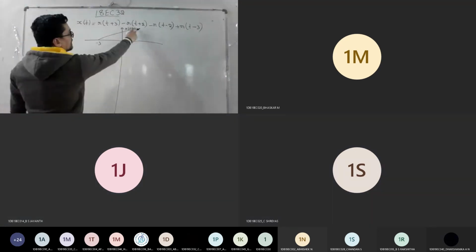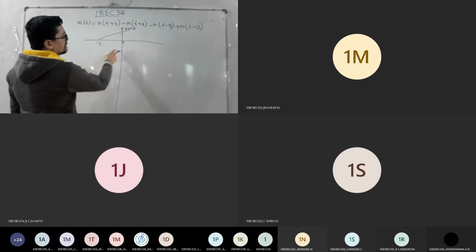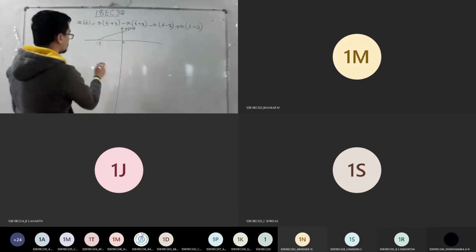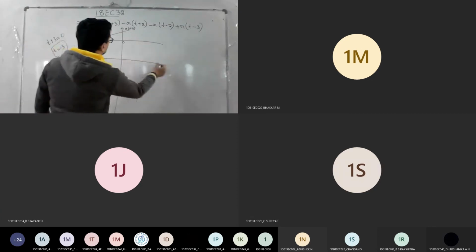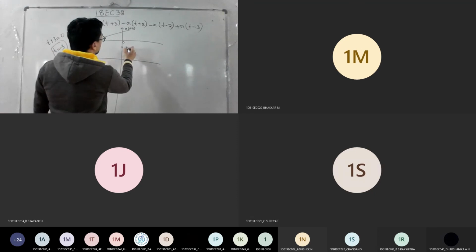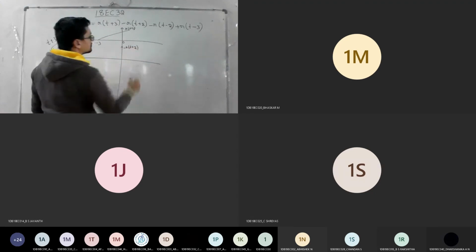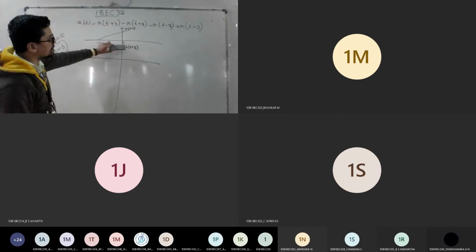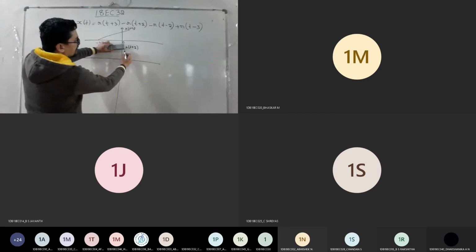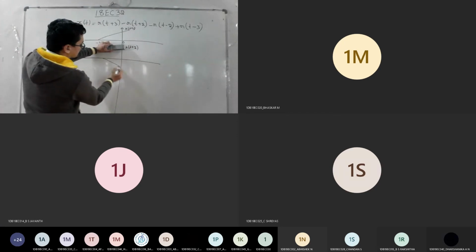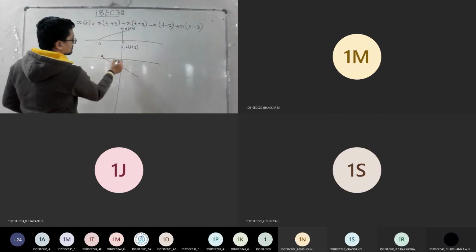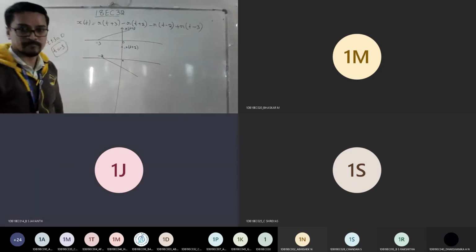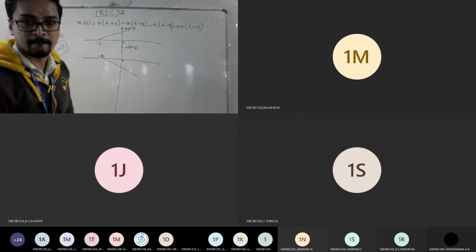Now t plus 2 means it starts from minus 2, but if I take minus of it, how does it look? If it is t plus 2, it goes in this way. If I say minus, is it like this? Yes, sir.